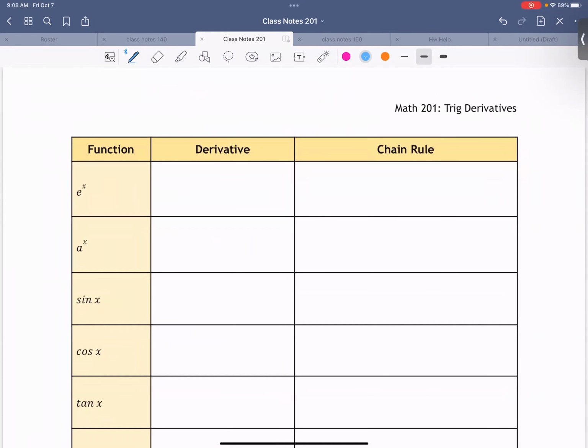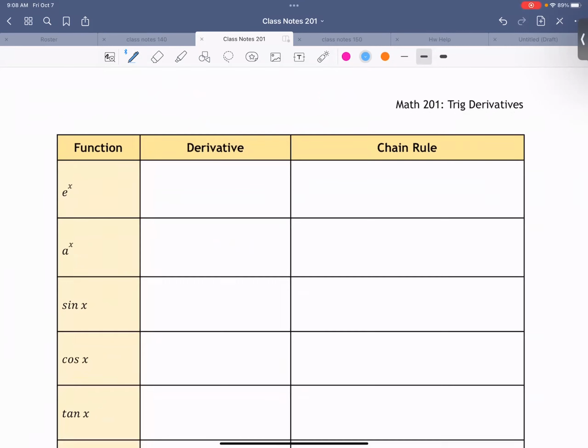So on this chart, I have a bunch of different functions on the left. Some of them you haven't seen before, but as you can see, I did leave off polynomials because we've been working with those a lot. So you actually do know a lot more derivatives than just the functions on this list. But I did want a single place where we can look at all these derivatives and abstractly find what these actually mean, okay?